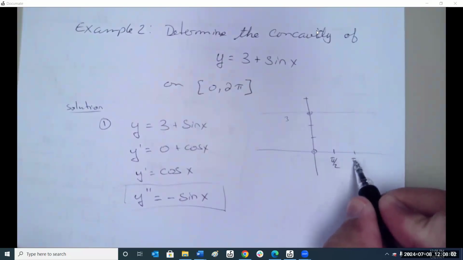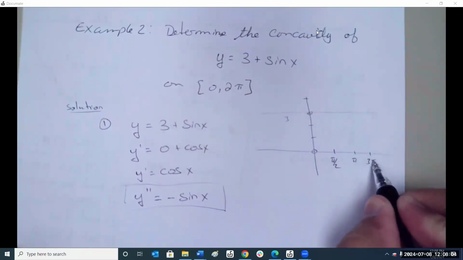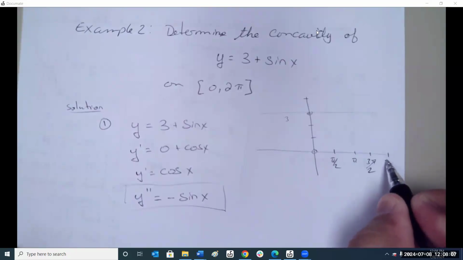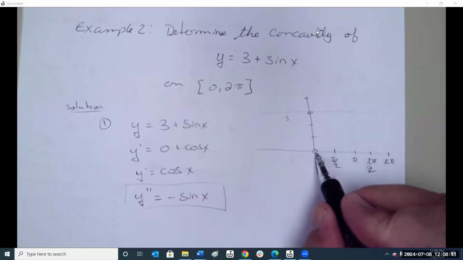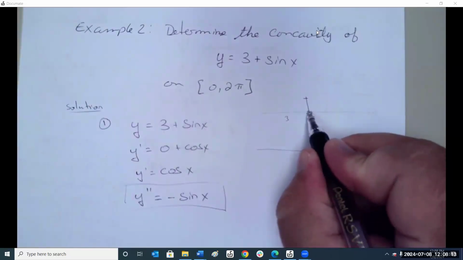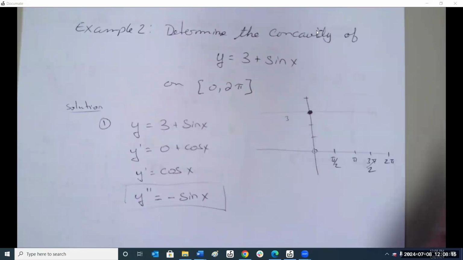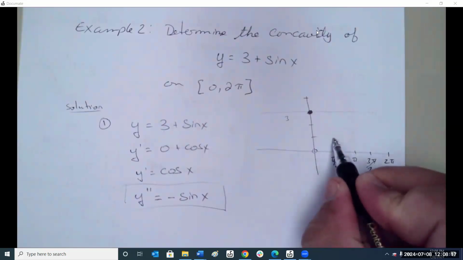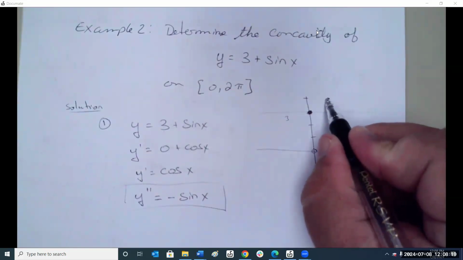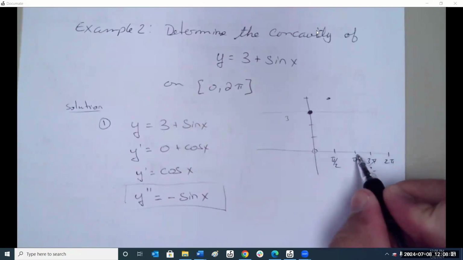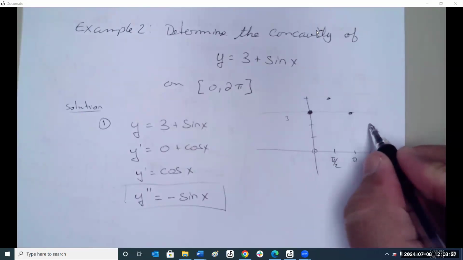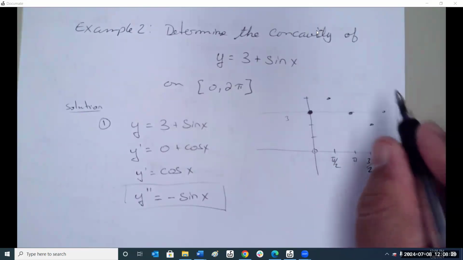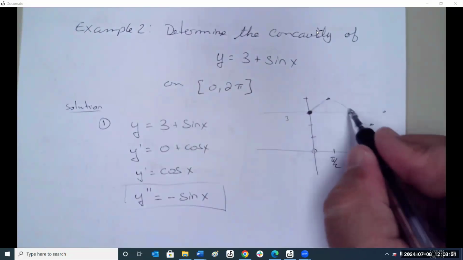Pi over 2, pi, 3 pi over 2, and 2 pi. So at 0, it's 0, plus 3 is 3. Pi over 2 is 1, plus 3 is 4. Pi is 0, 0 plus 3 is 3. Then negative 1, and then at 0. So this is what the graph looks like.